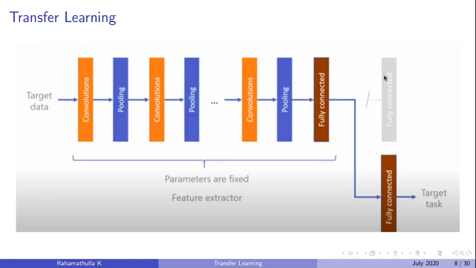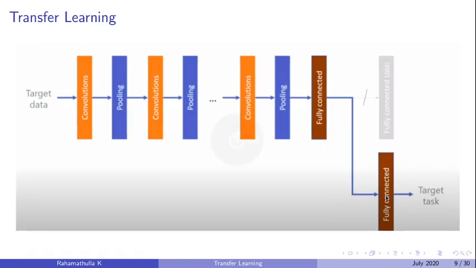For example, if this was detection of an image, at this point it was detecting one feature, at here it was detecting another feature. And once you are here, you have a collection of features, you put these features all together and push all these things into a fully connected network. You can do your target task.